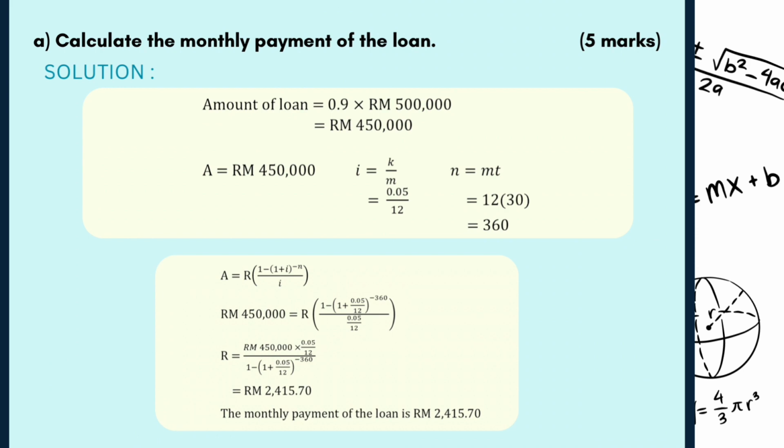After that, we move the bracket beside R to the left side. So R equals Rm 450,000 multiplied by 0.05 over 12 over 1 minus bracket 1 plus 0.05 over 12 power with negative 360. So R will be Rm 2,450 ringgit 70 cents.